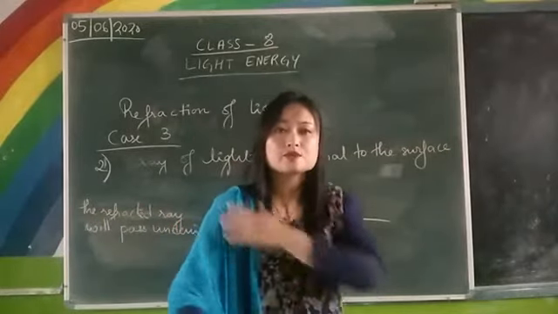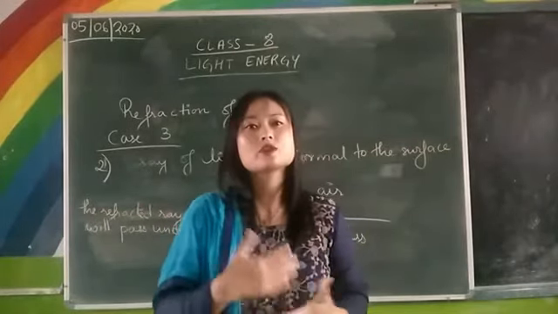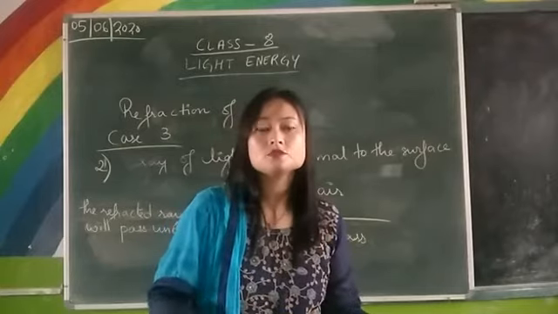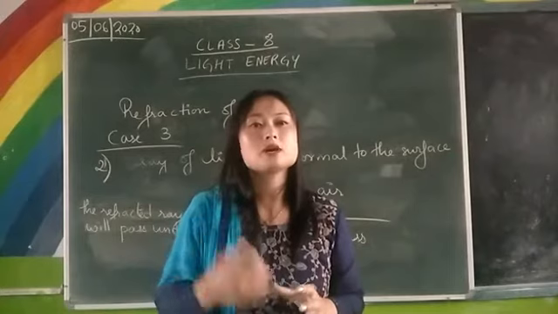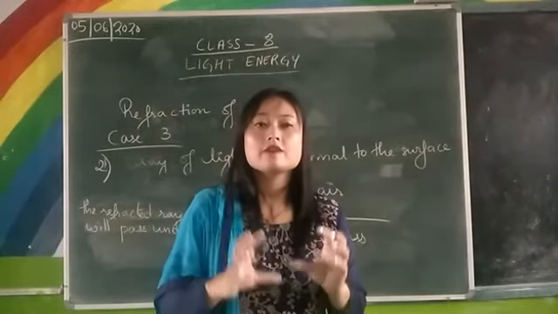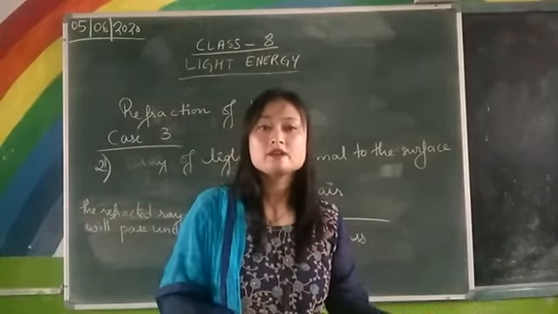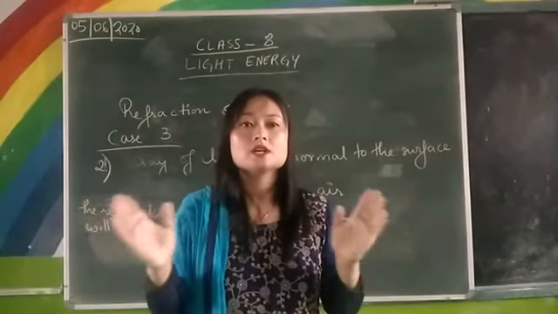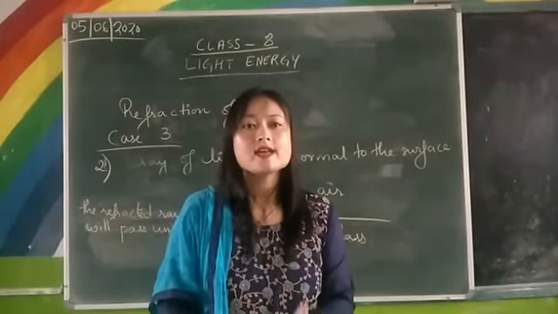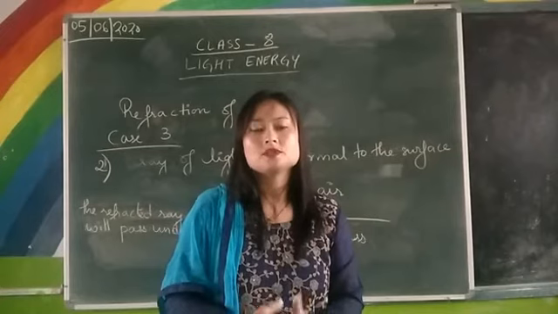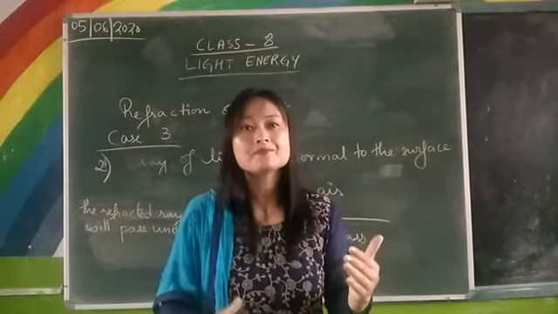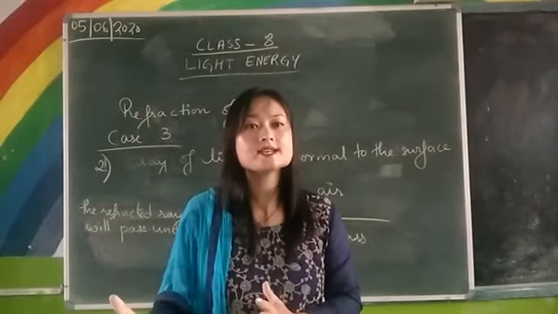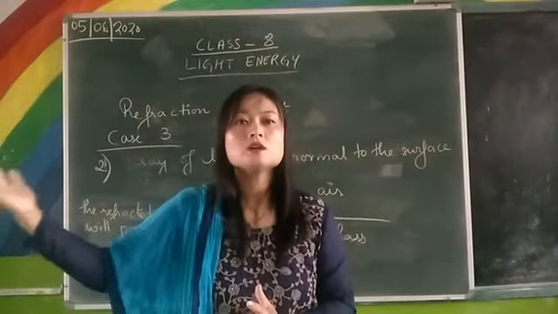Then we discussed what refraction means. Refraction means when a ray of light passes from one medium to another medium. And then we discussed the 3 cases. If a ray of light passes from rarer to denser, the speed of the light decreases and it moves towards the normal. If a ray of light passes from denser to rarer, the speed of the light increases and it moves away from the normal.